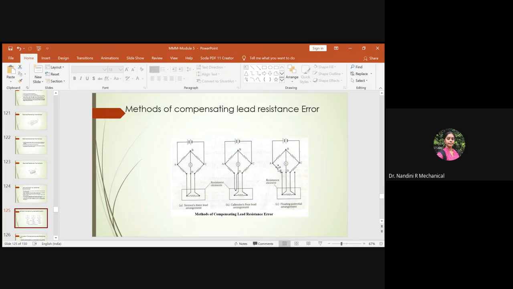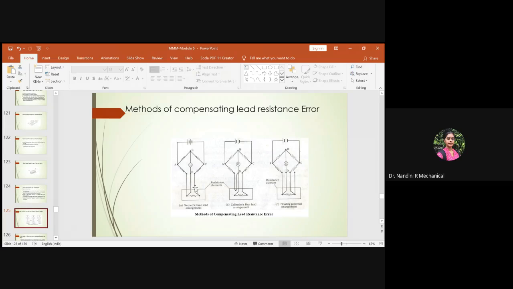Okay, so this is an example: methods of compensating lead resistance error. This will be the Wheatstone bridge, which will be connected to an energy source, a battery. You'll have two resistors, and the other two ends are connected to the resistance element with the help of the lead wire. Here the lead wire should be made up of the same material.